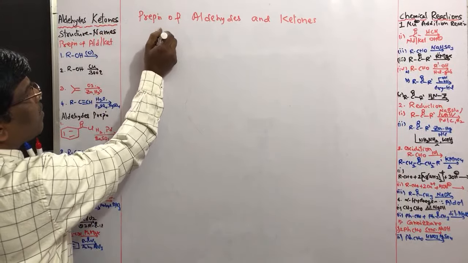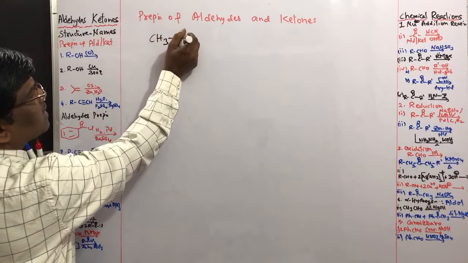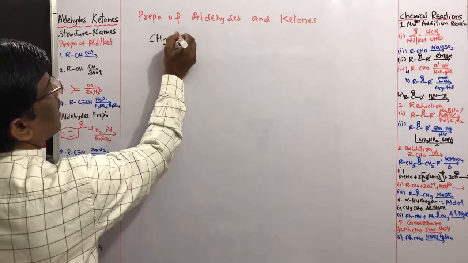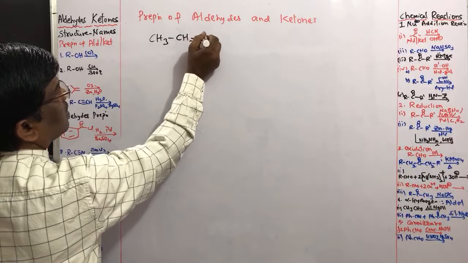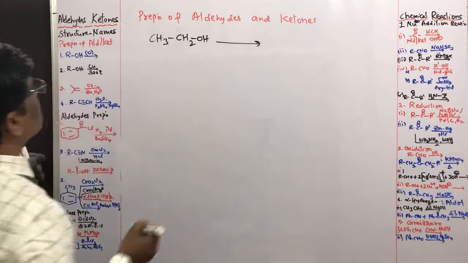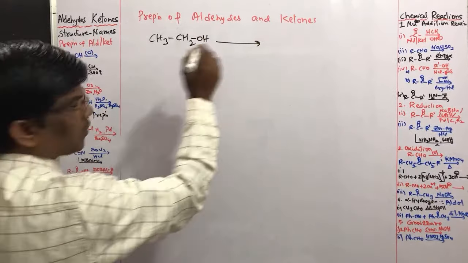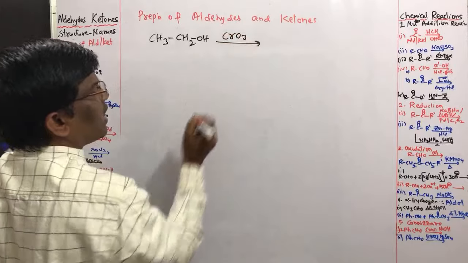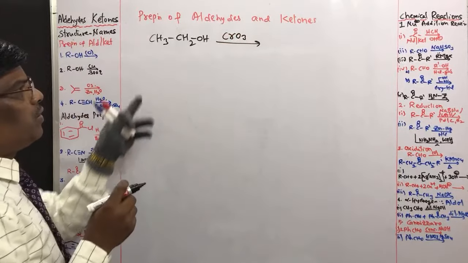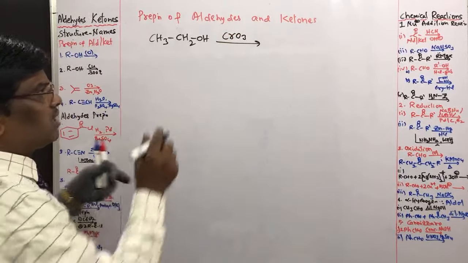If I take primary alcohol, let us take ethanol, and upon oxidation, the common oxidizing agent is chromium trioxide, and I have explained this during alcohol oxidation.